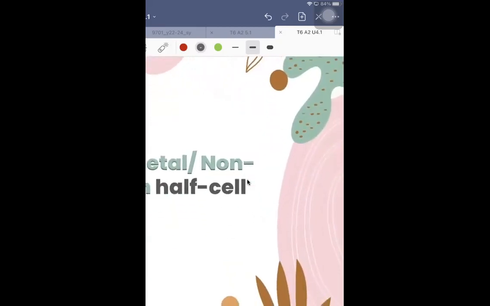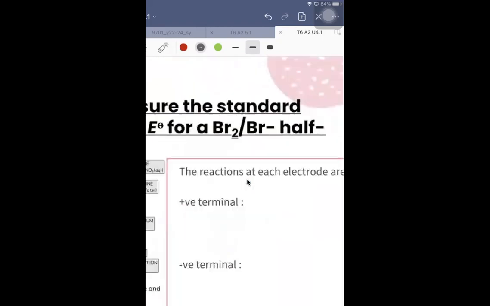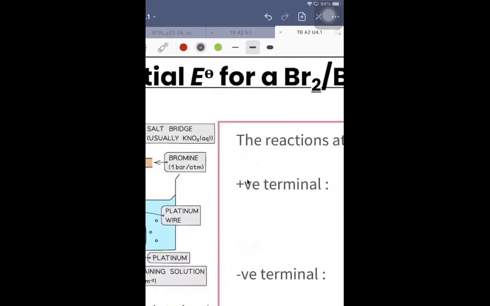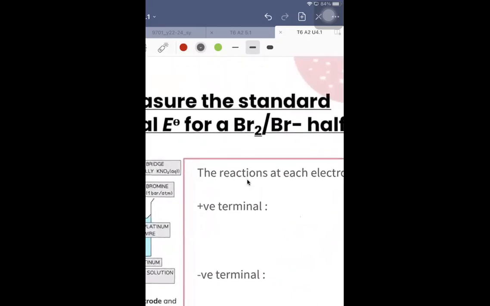Next is if we want to measure the half cell of a non-metal and non-metal ion half cell. An example for that is here. We've got the bromine Br2 and Br minus system. In your notes, it says chlorine Cl2 and Cl minus.